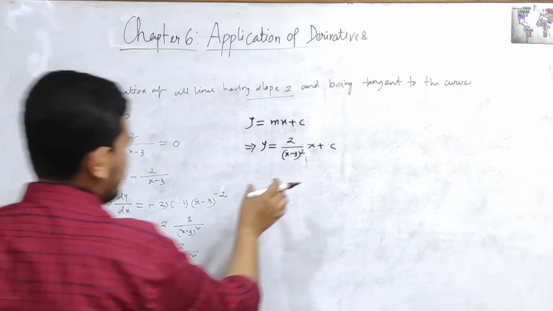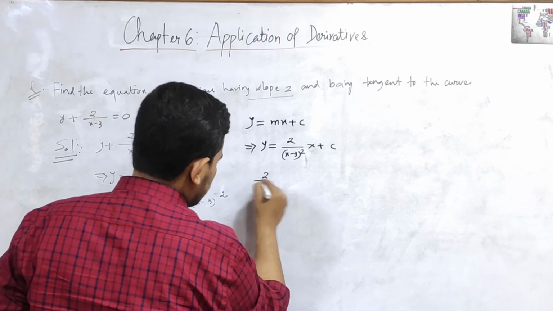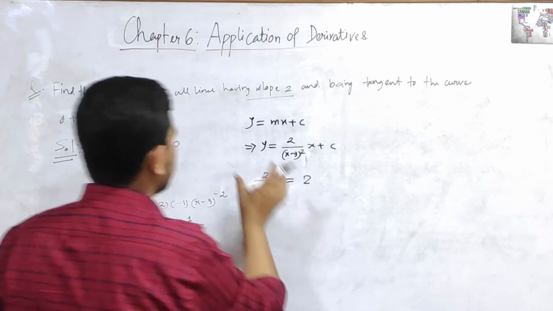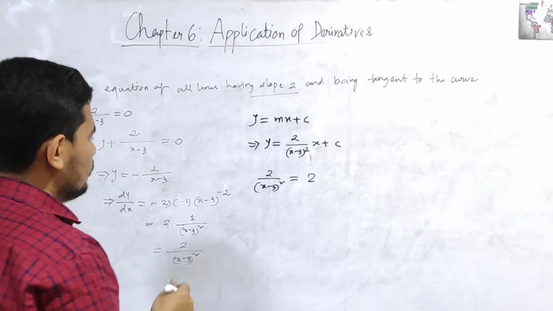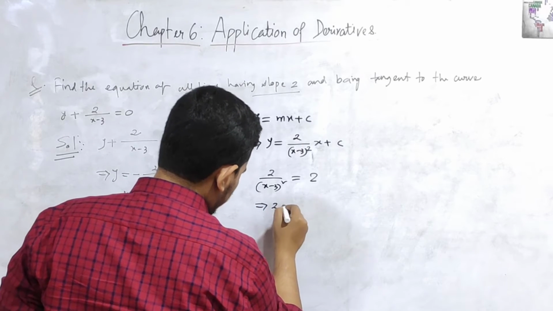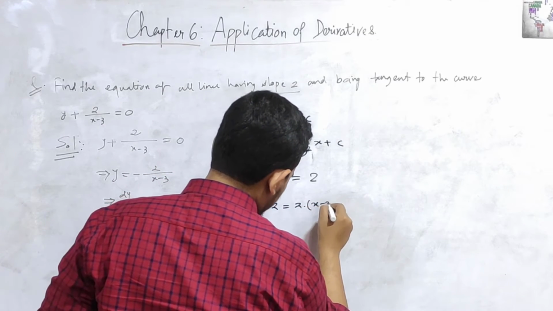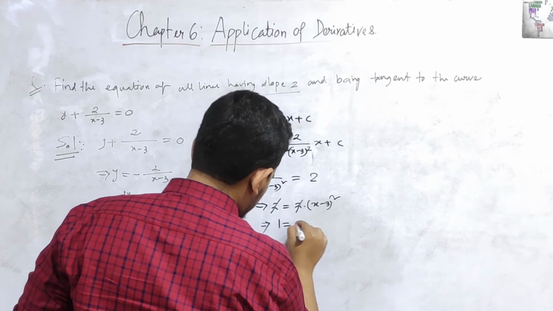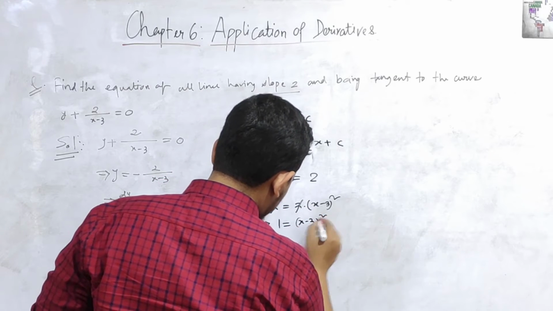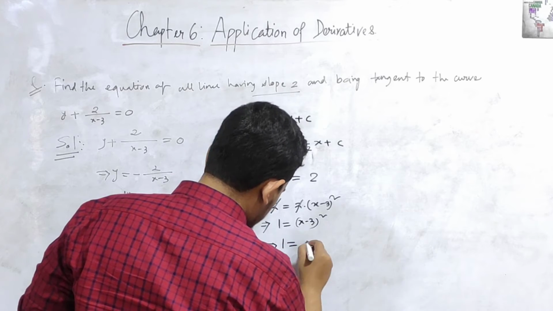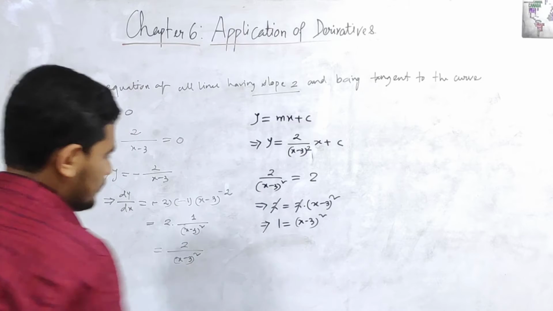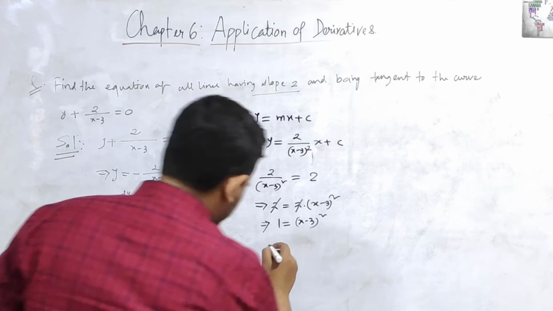So actually 2 minus x minus 3 whole square is given in the equation as equal to 2. So if I simplify, I can basically get 2 points of x at which slope is 2.